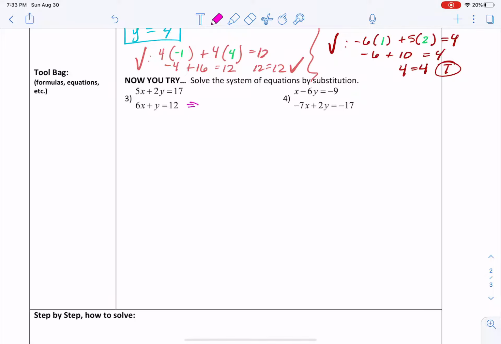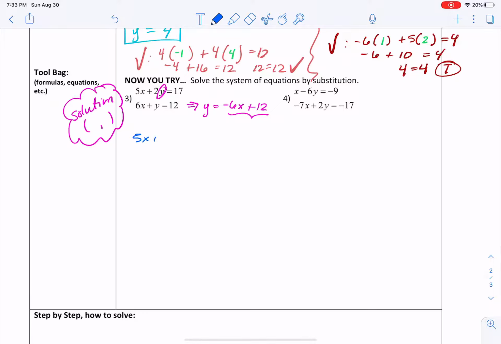So this becomes y equals negative 6x plus 12. And now I have an equation that is isolated for one variable.